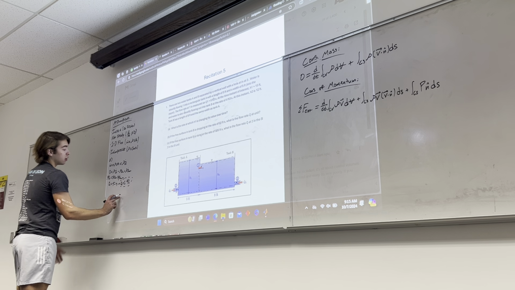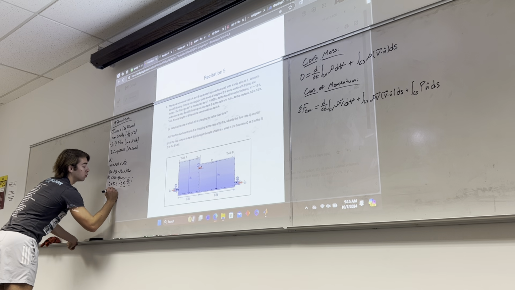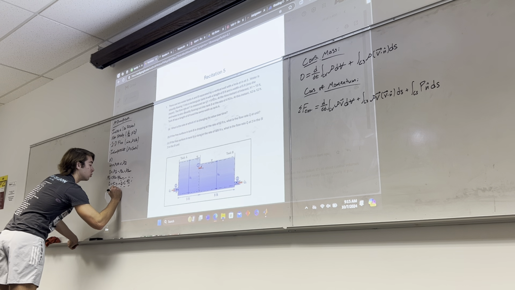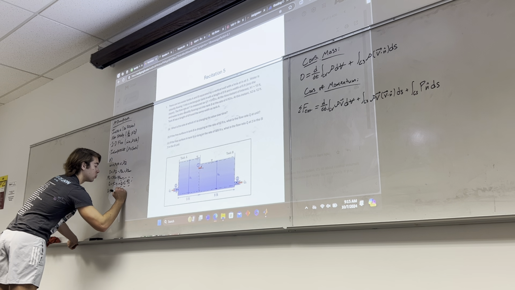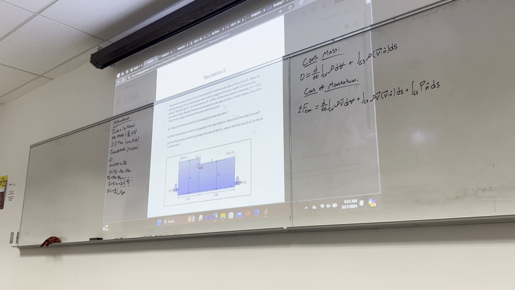Now we know this q dot equals 1, and this equals that d over dt term. If we simplify this whole thing, the volume integral spits out its own volume term.